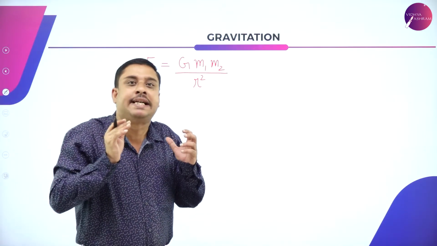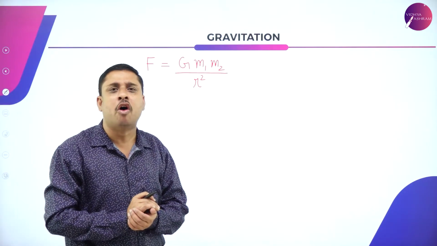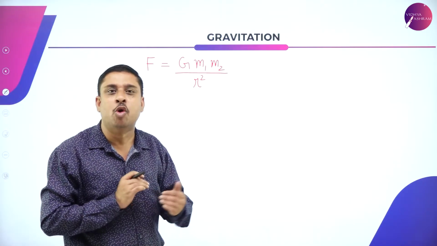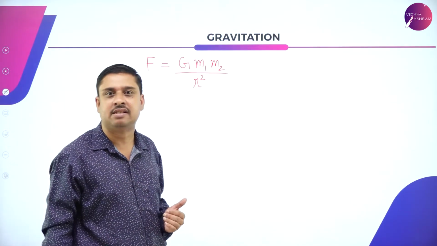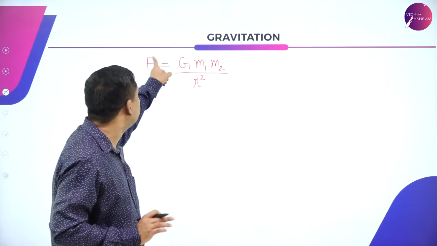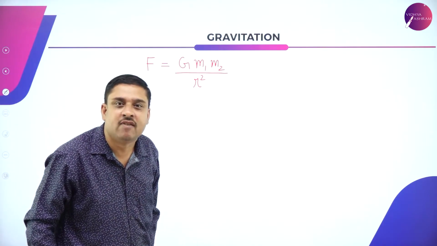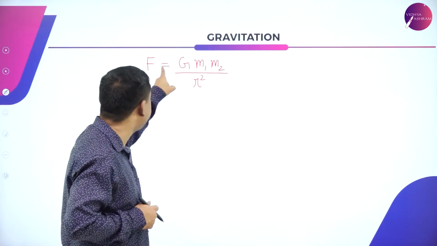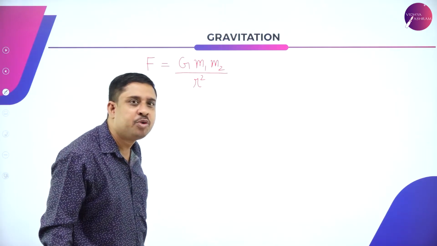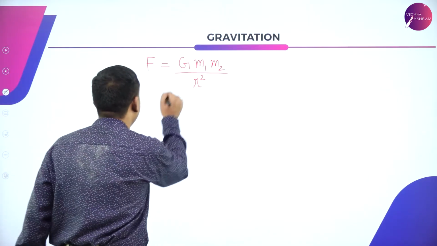Depending on what data is given, depending on what has to be solved, the knowns and the unknowns, you have to equate them through a relation. So here I have used Newton's universal law. F equals G m1 m2 divided by r square.